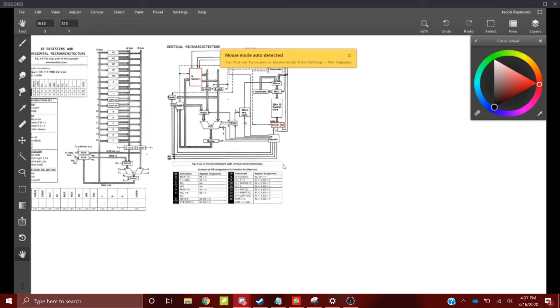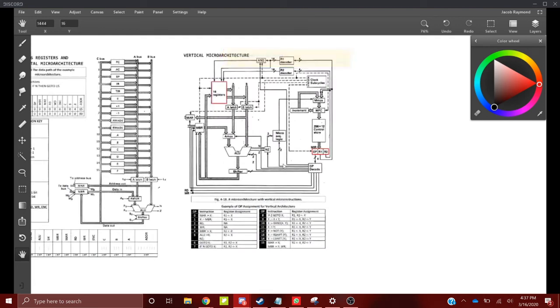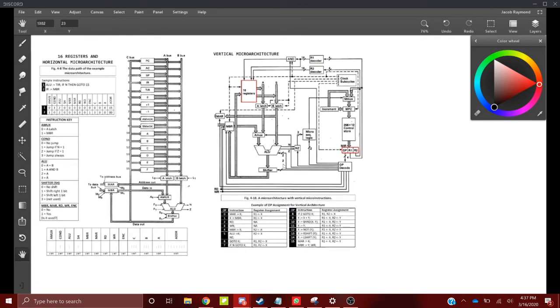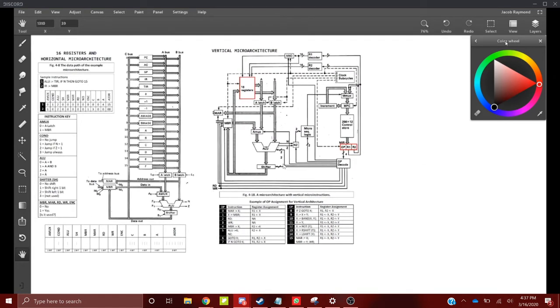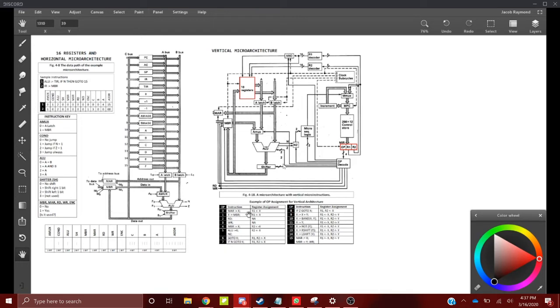VMAL is an assembly language for the vertical microarchitecture that I created for this class. So essentially, each of these operations will have a bit of a nicer syntax. But that's just something to keep in mind. Once you see that lab tomorrow, you're basically doing vertical microarchitecture. And if you understand that, then in theory, you should understand VMAL. It's just there's a couple of extra features added just for convenience sake.